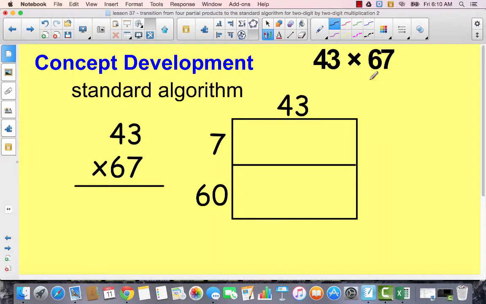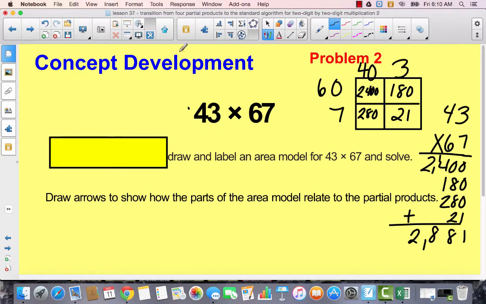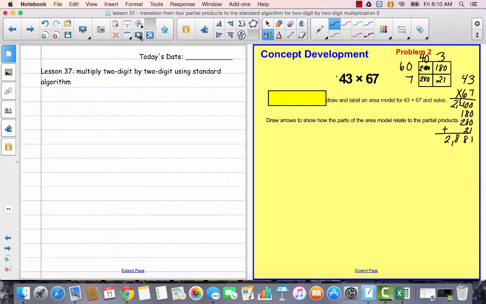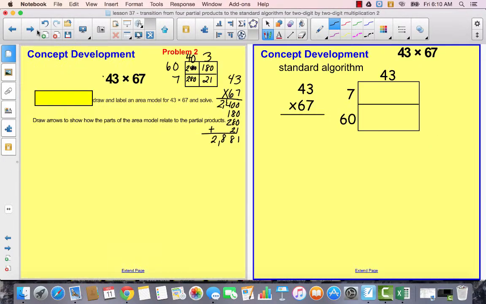So we're going to take a look at what would happen if we transition to standard algorithm. This is the exact same problem. I'm going to go on dual screen here so we can see both problems at the same time. This is what you just did in your journal, and this is the exact same problem, 43 times 67. But we can think of this as 43 times 7, plus 43 times 60.